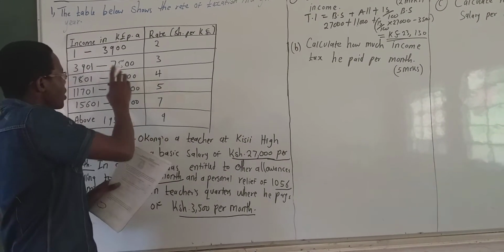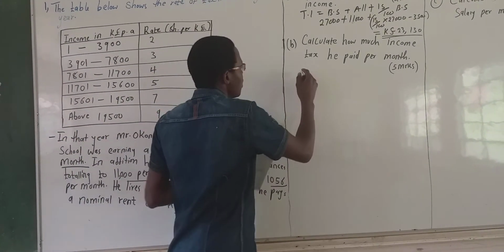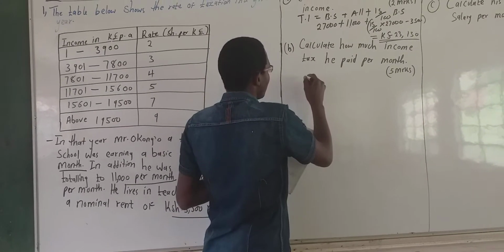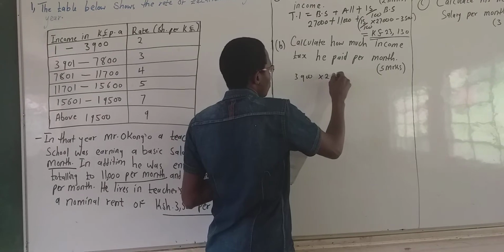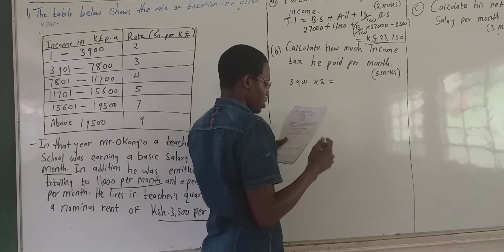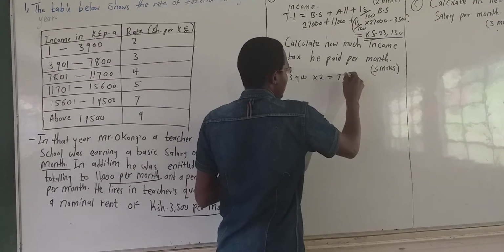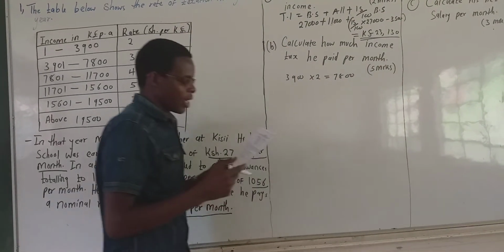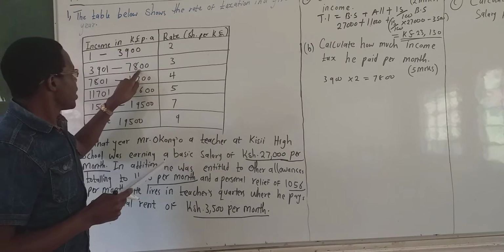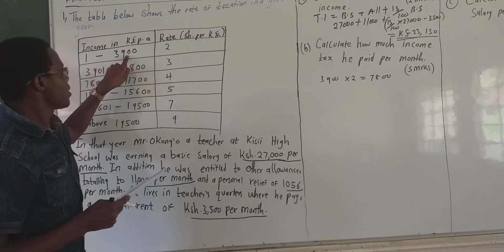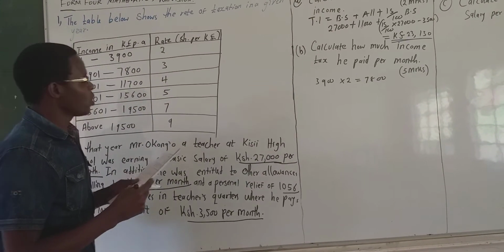Now let us start with the first slot. The first one we are going to have is 3,900 times 2, which is going to give us 7,800. That is the first one. The second one is 7,800 minus 3,900, which gives us 3,900.